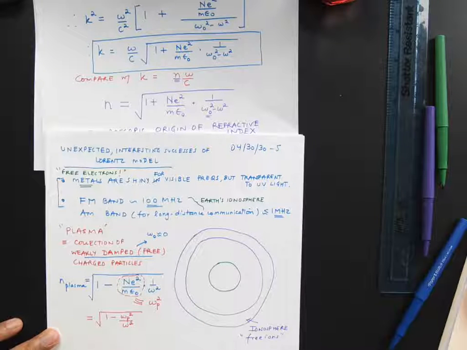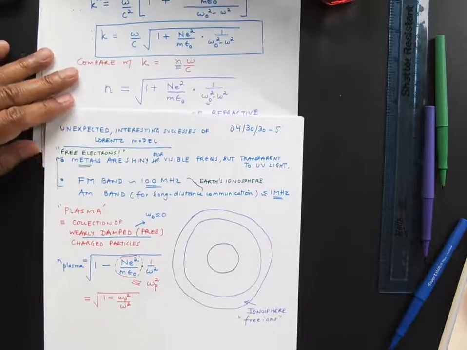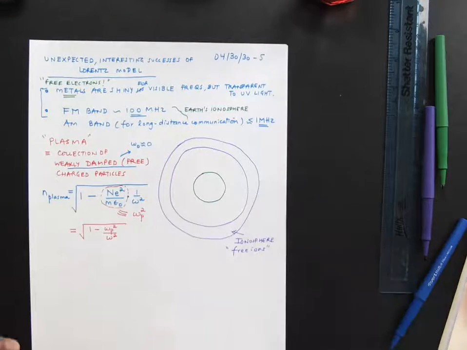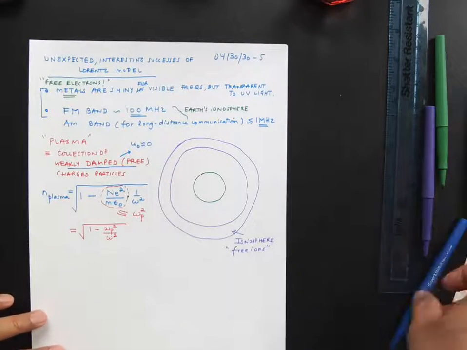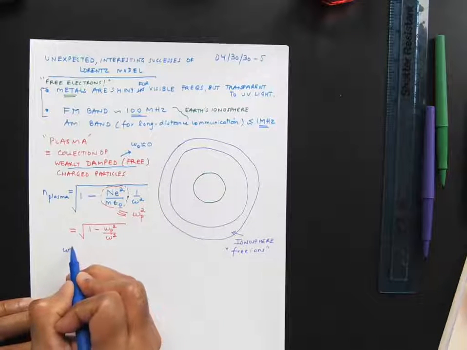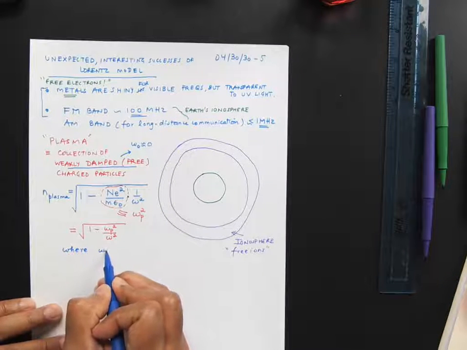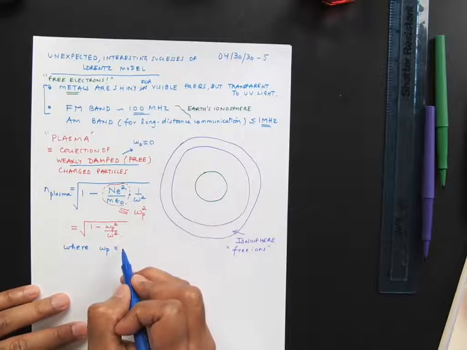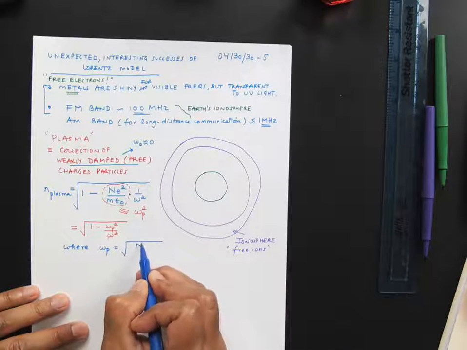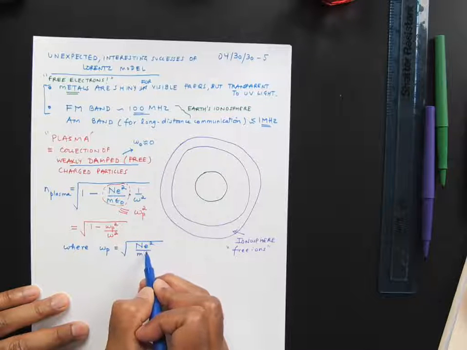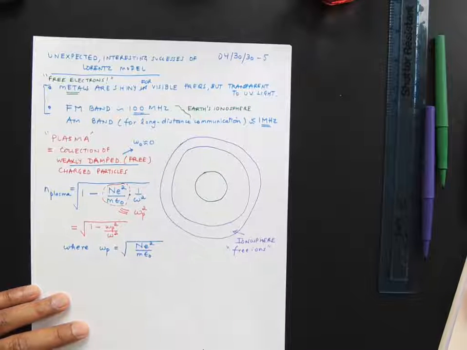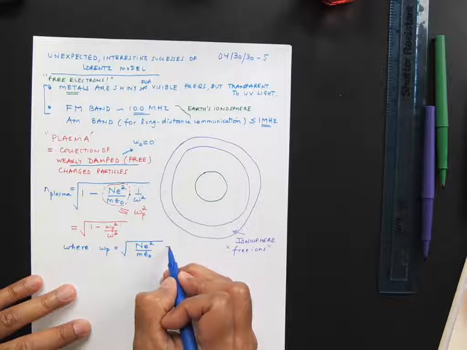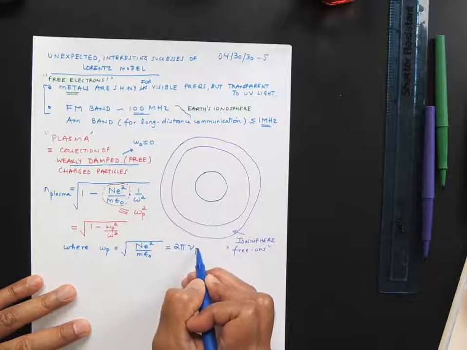So where, let me be just clear, omega plasma is equal to the square root of NE squared over M epsilon naught. And of course, you can write this as 2 pi nu p.